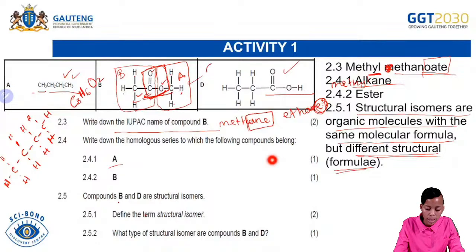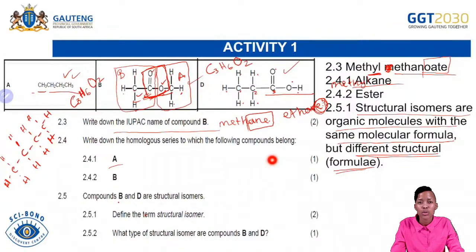What about the carboxylic acid? How many carbons does it have? It has 1, 2, 3 carbons, so we write C3. How many hydrogens? 1, 2, 3, 4, 5, 6 hydrogens, so we write H6, and then how many oxygens?